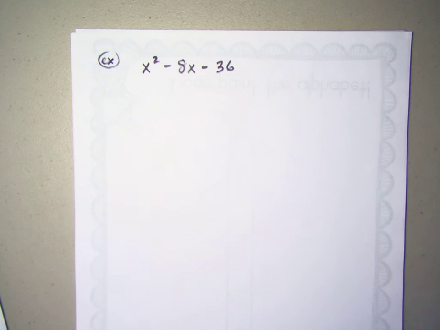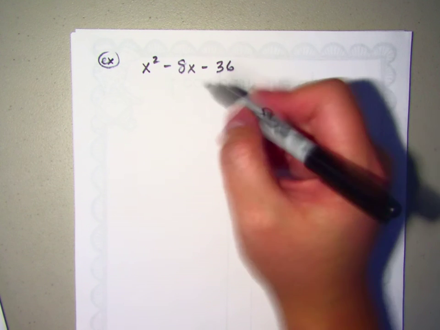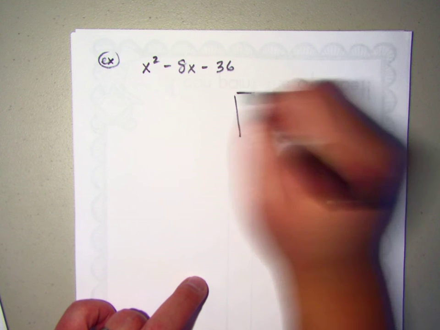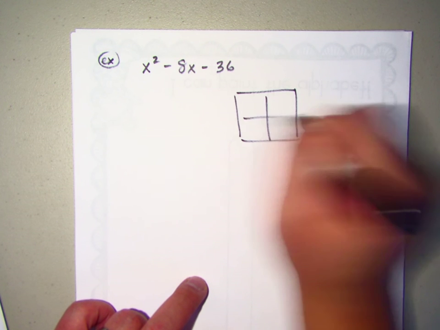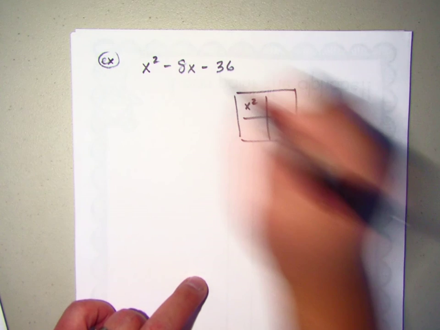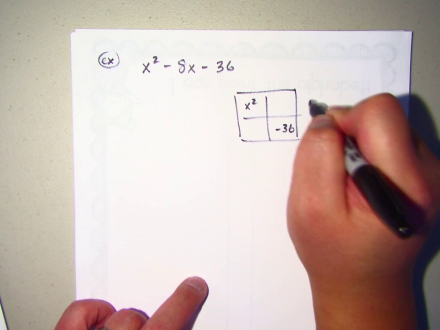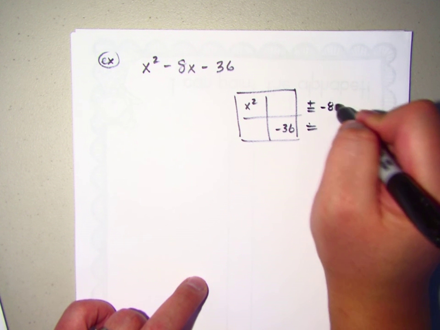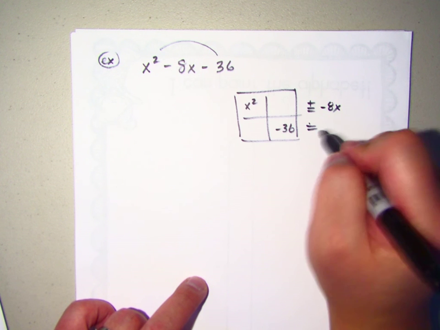So no greatest common factor. Let's do this box here. First number in the first square, negative 36 in the last one. Add to equal the middle number, negative 8x, multiply to get negative 36x squared. Seems like nice numbers, but don't be fooled.